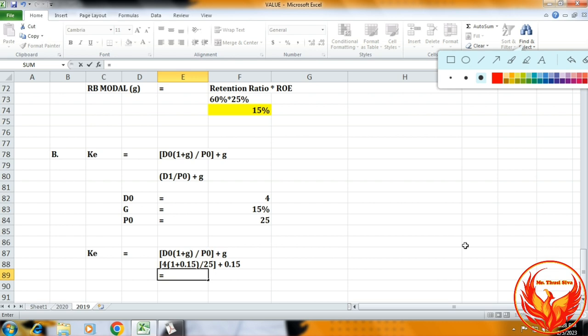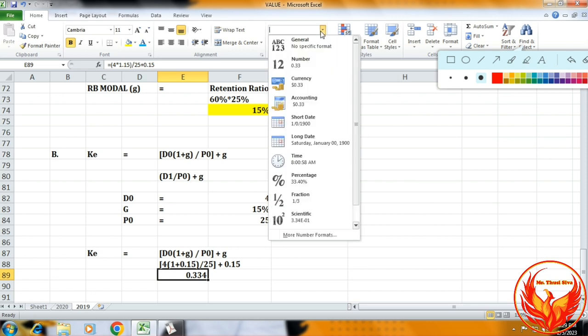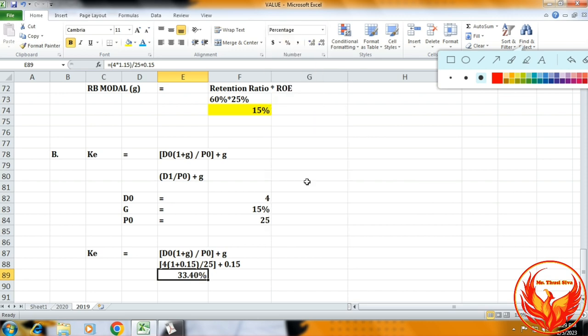So 4 into 1.15 divided by 25 plus 0.15. We can change it to percentage, 33.4%. This is the answer for the B part question to calculate the cost of ordinary share capital.